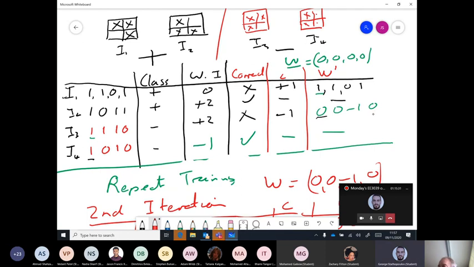Let's check this. So the input pattern is 1, 1, 1, 0. The weight vector was 1, 1, 0, 1. It needs to be negative. So we subtract I3 from the weight vector. It is going to be 0, 0, minus 1, plus 1. That should be plus 1. Yes.